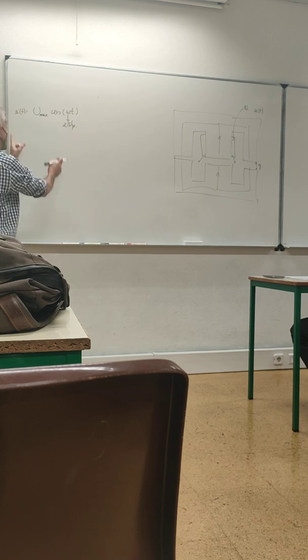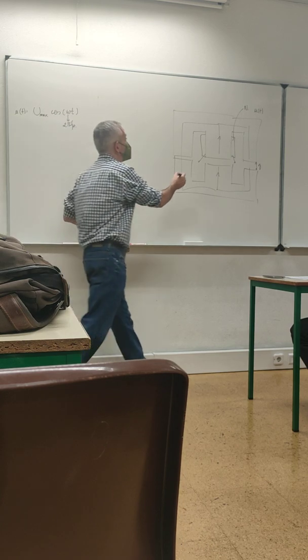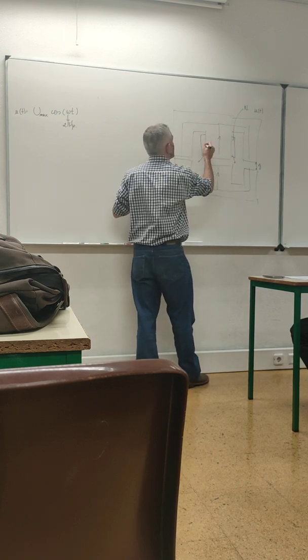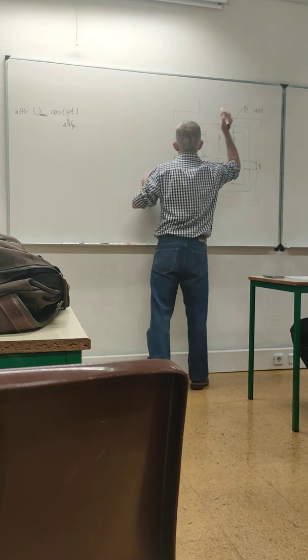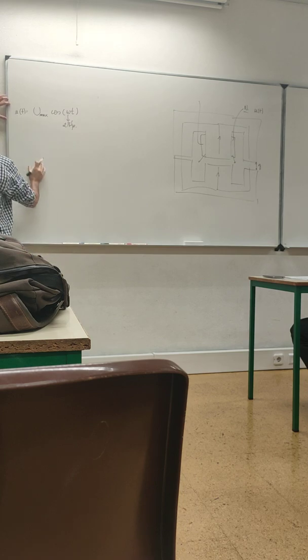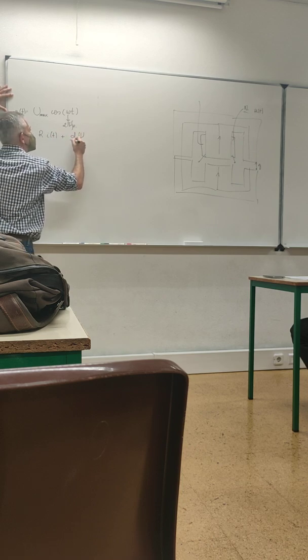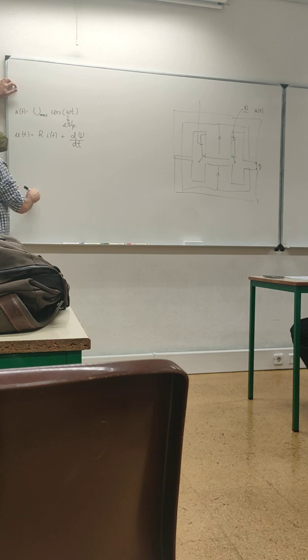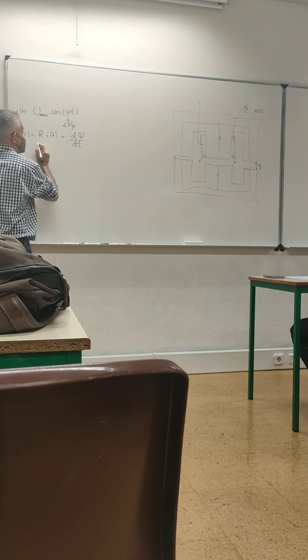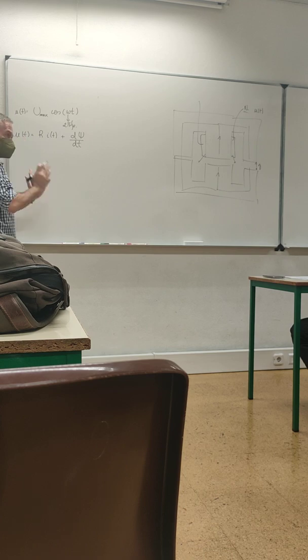And this is applied in a coil that has a certain number of turns. So, what I want is the following. I know that this relation is universal. Let's do a simplification.